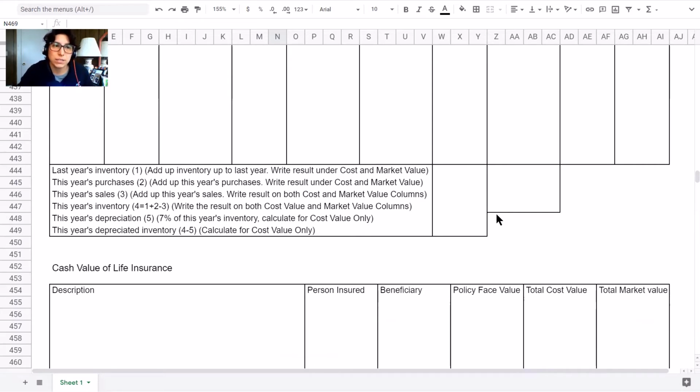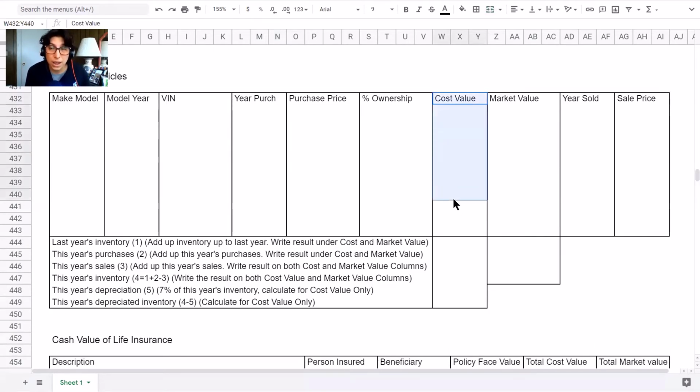In that case, you can just pick whether to follow your income tax depreciation or calculate an economic depreciation, which is what we're doing here. Hopefully that makes sense. But some sort of depreciation you need to take into consideration for the cost value, okay? For market value, we don't do depreciation.